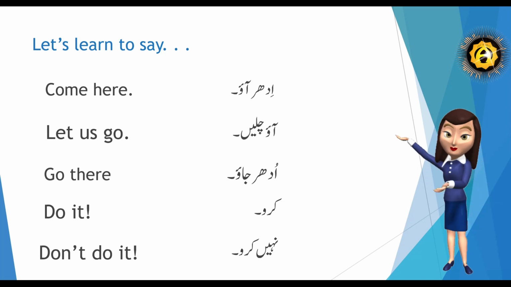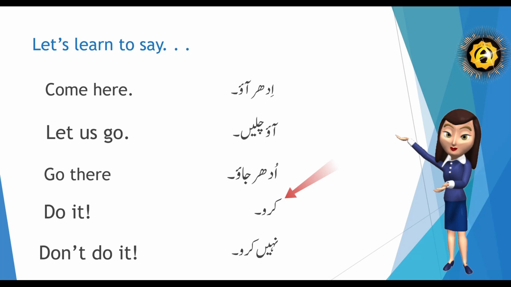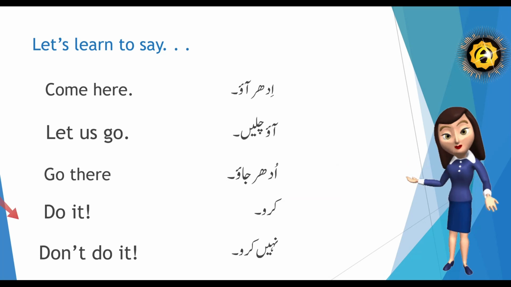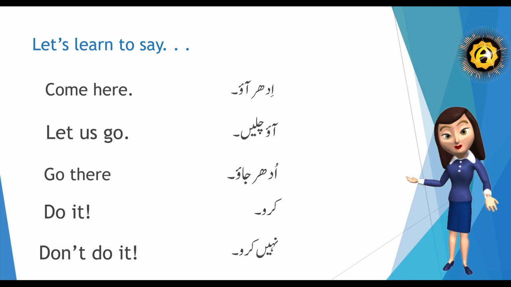Then in English we say do it, and in Urdu karo. In English we say don't do it, and in Urdu nahi karo. Repeat many times for better practice, okay?